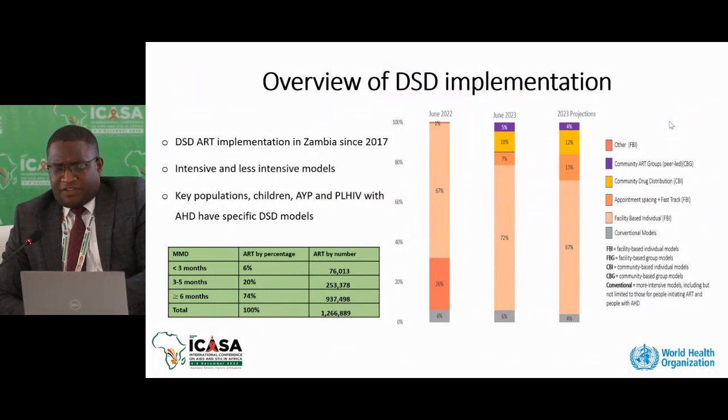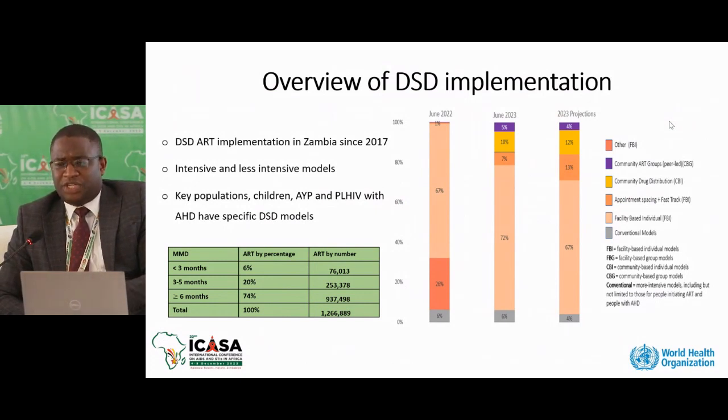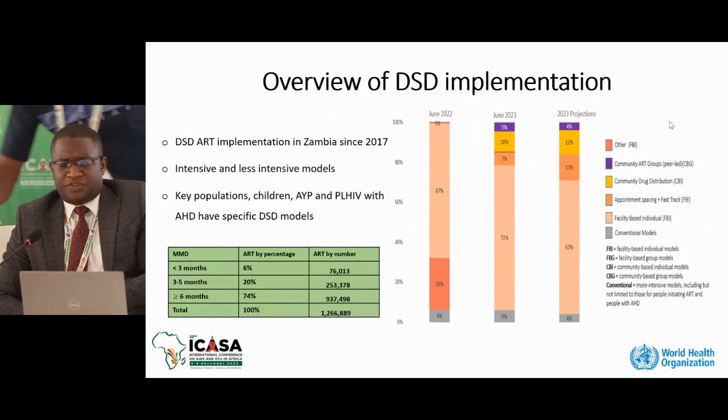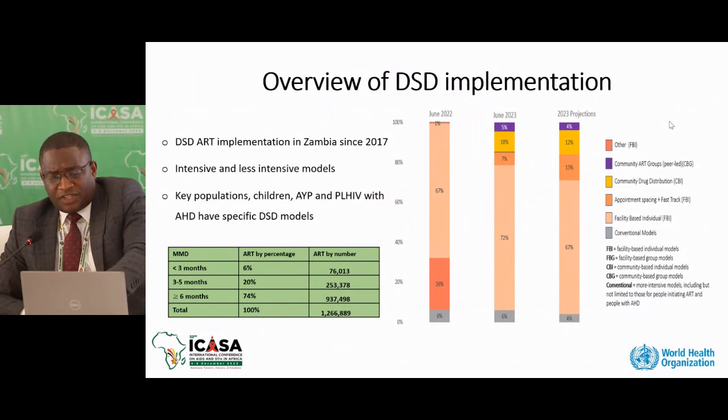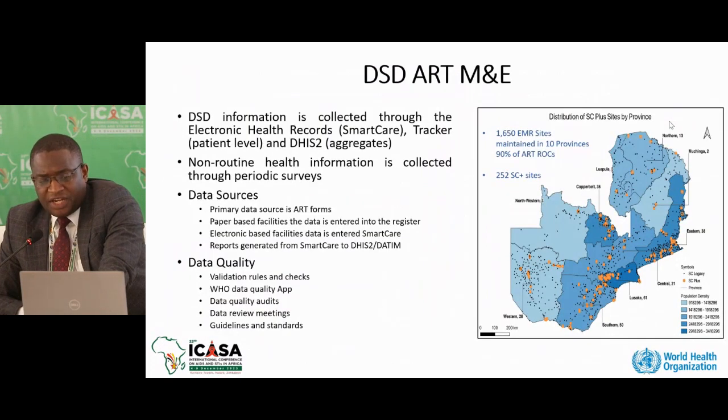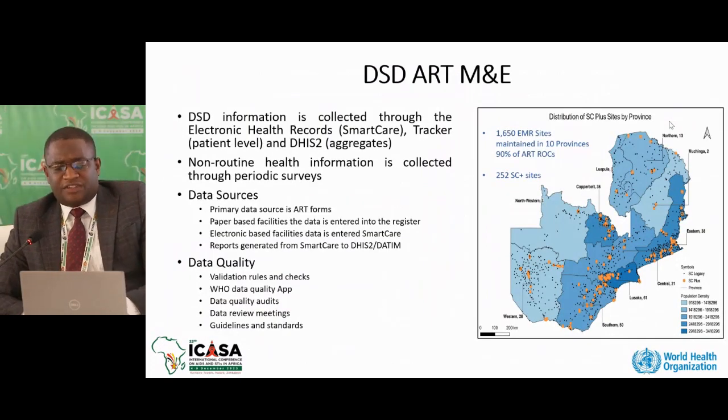Our M&E process for DSD, as Howard has said, we thought from the initial inception of the program that we would need to track longitudinal data at patient level. And so we used our electronic health record system, and a bit of the data comes from DHIS2.